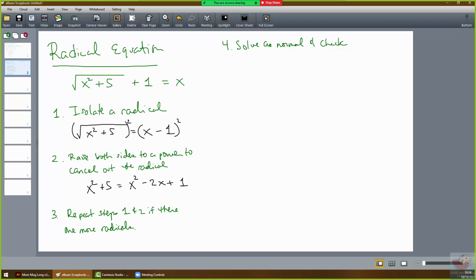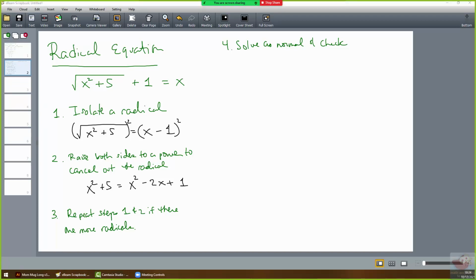What type of equation do we have from step 2? Very good. We have a quadratic equation.